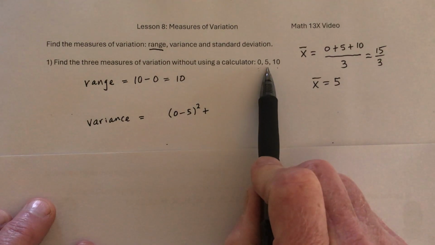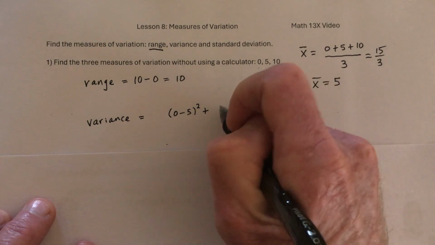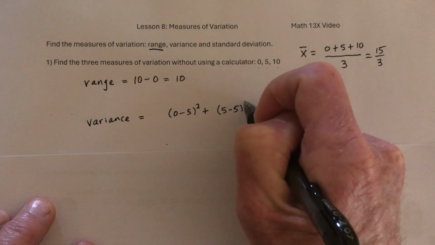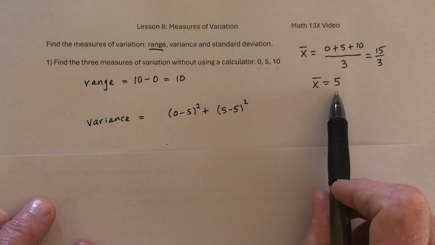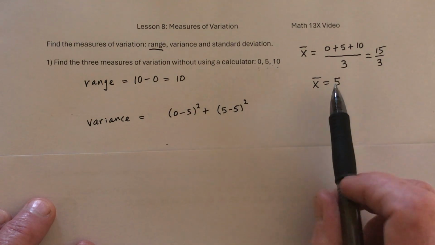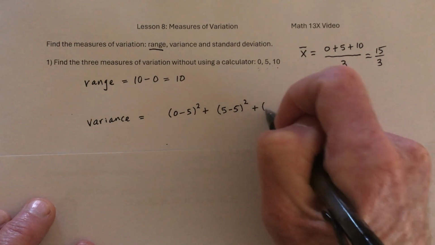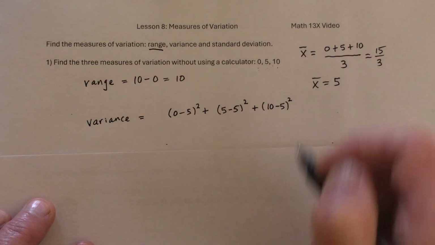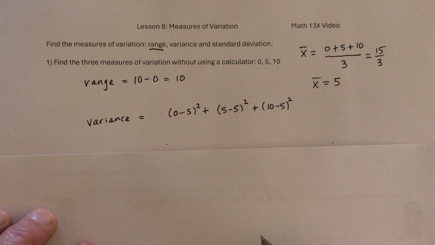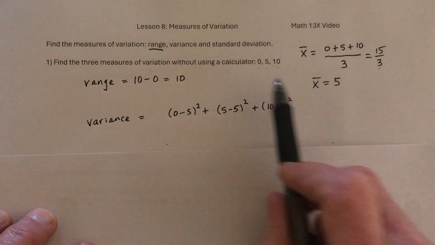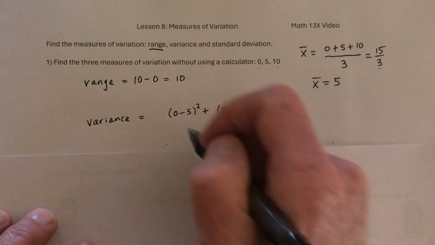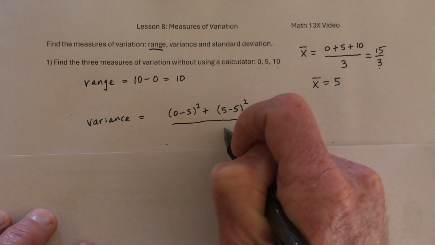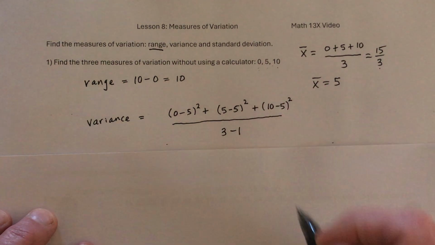And then go to the next score, parentheses, 5 minus 5, and square it. So each time you take the score minus the mean and square it. And then next will be 10 minus the average and square it. And there's 3 scores, 1, 2, 3, and the formula is you then divide by the number of scores minus 1.